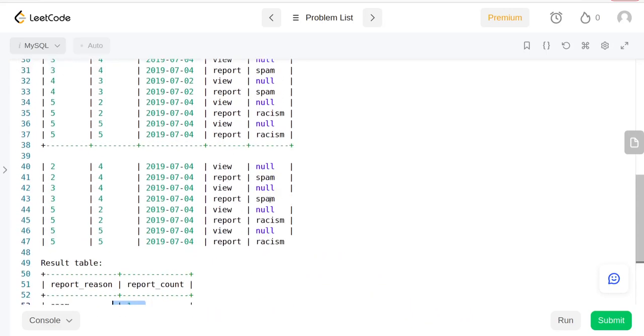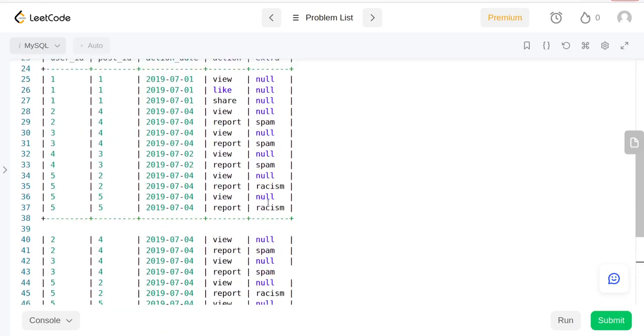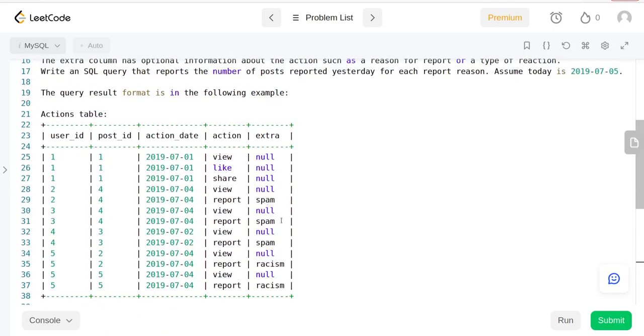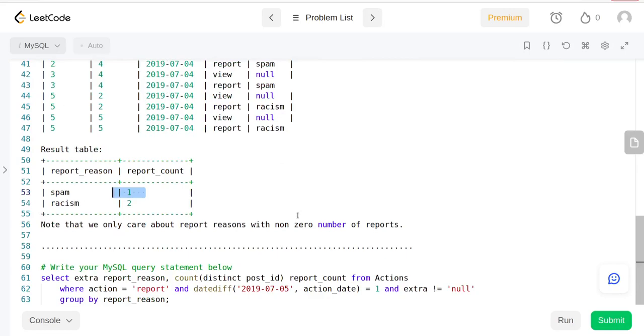Note that we only care about the report reasons with non-zero numbers of reports.